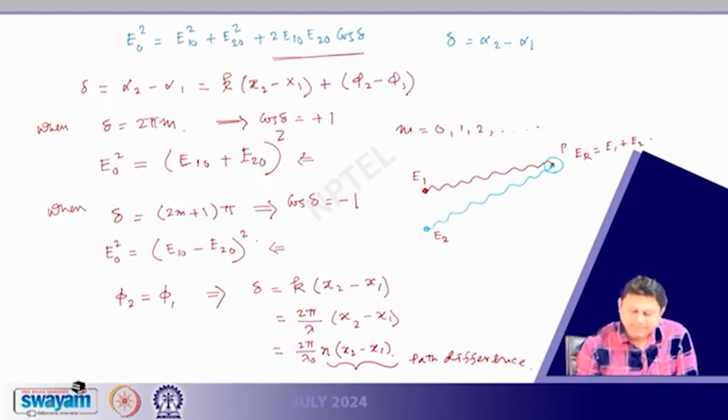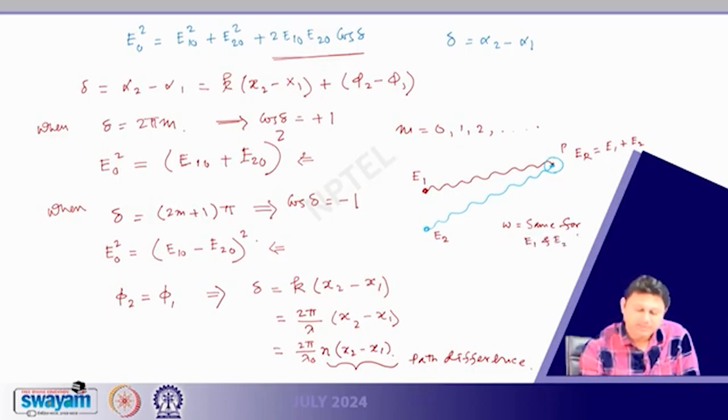If there is a path difference, because they are moving different lengths, then when we try to find the resultant wave here, the superposition of these two, we find that the relative phase plays an important role. This relative phase delta comes through the path difference between the two, when we consider the wavelength of the two to be the same, so the wavelength or frequency is the same for E1 and E2.